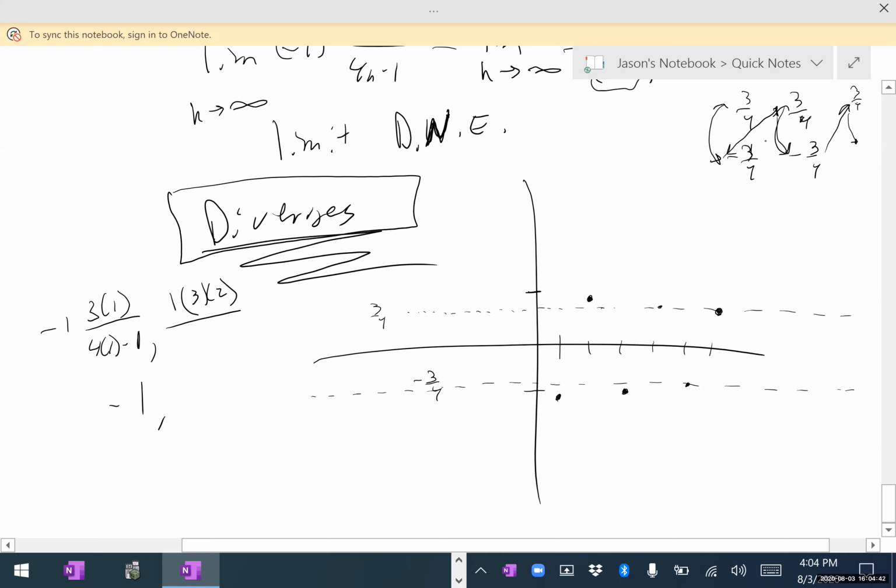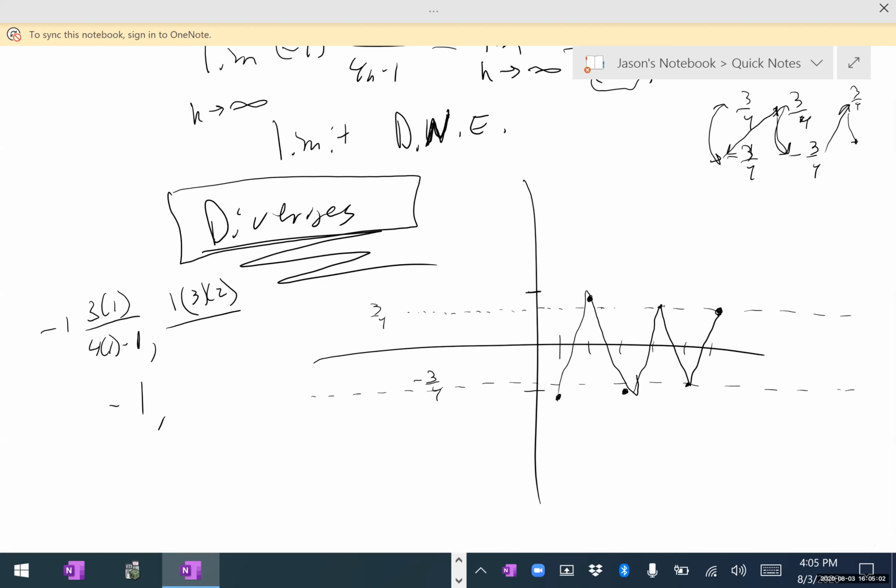And so what happens here is I keep oscillating back and forth. Basically, I'm always either adding something really close to 3/4, or subtracting something really close to 3/4.